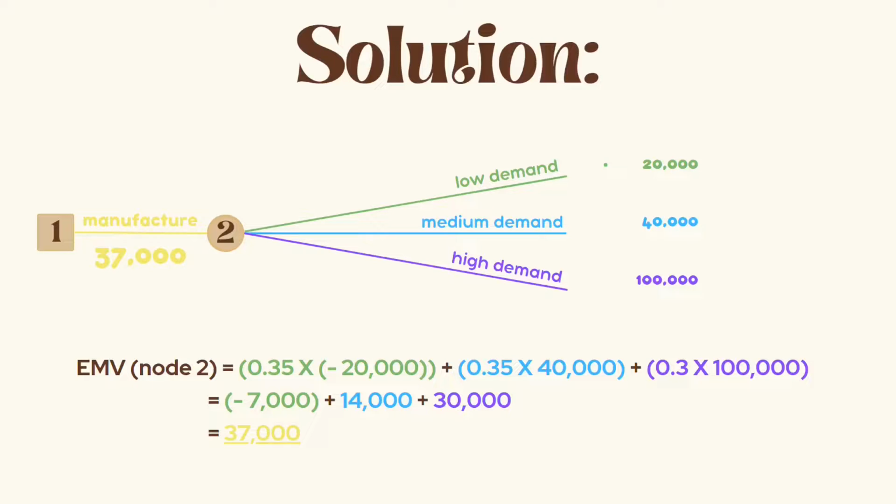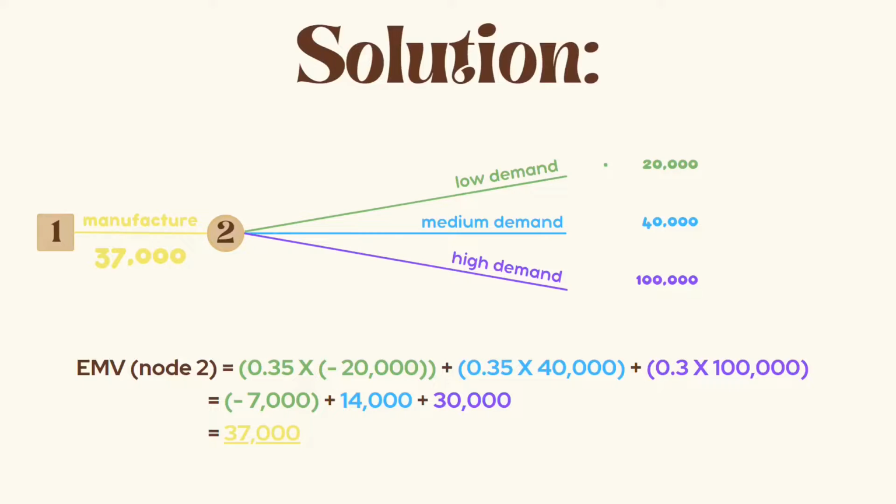In medium demand, it equals 14,000. And in high demand, it equals 30,000. So negative 7,000 plus 14,000 plus 30,000 equals 37,000. This equals an expected payoff of 37,000 if Bella Sailia decides to manufacture the accessories needed for the limited edition dress.